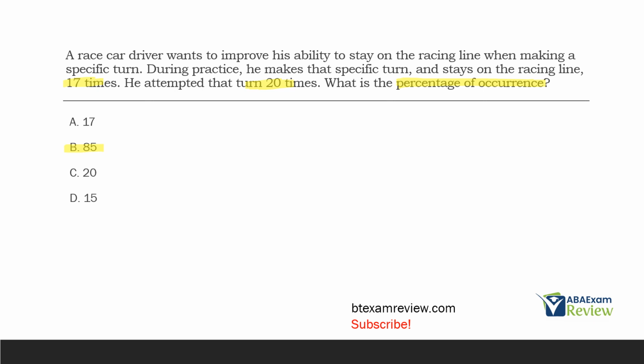How many possible attempts were there? So 17 times out of 20, it occurred 85% of the time. Make sure you understand this question. Do it until you do understand this question, okay? It's a very easy question once you get the simple math down, and it's one on the exam that you should knock out of the park.